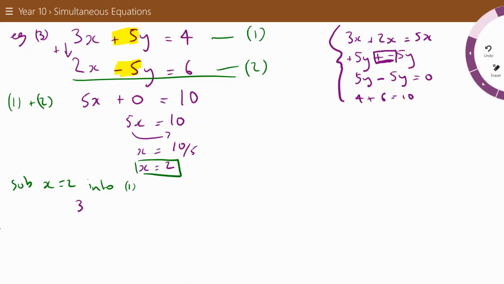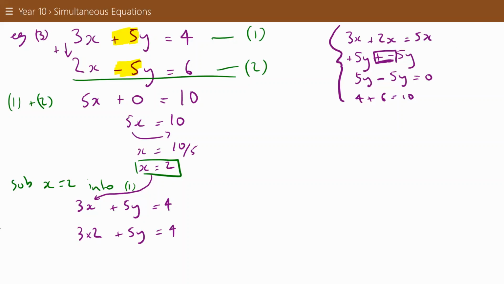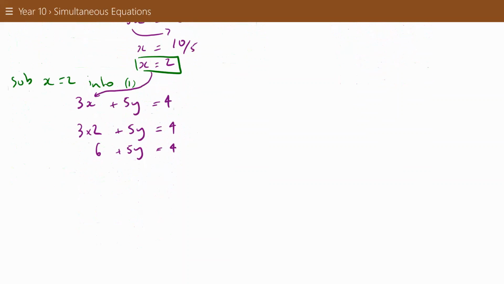Equation 1 is 3x plus 5y equals 4, so x equals 2 is going in there. 3 times 2 plus 5y equals 4. 6 plus 5y equals 4. Take the 6 over, 5y equals 4 minus 6. 5y equals minus 2.